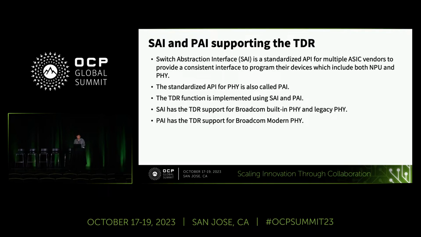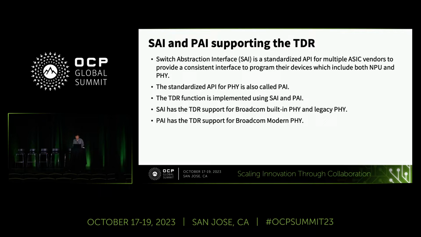Switch Abstraction Interface is a standard API for multiple ASIC vendors to provide a consistent interface to program their devices, which includes both the switch and the PHY. The standardized API for PHY is also called PAI.